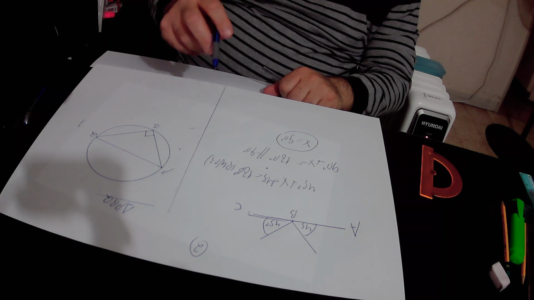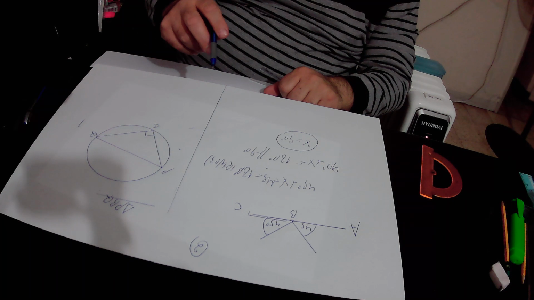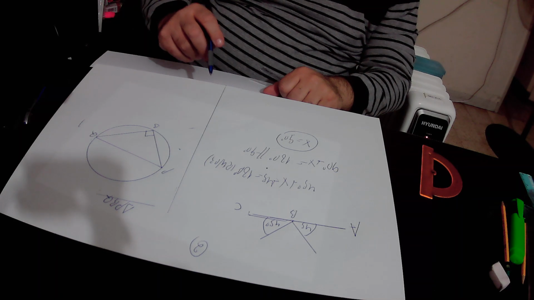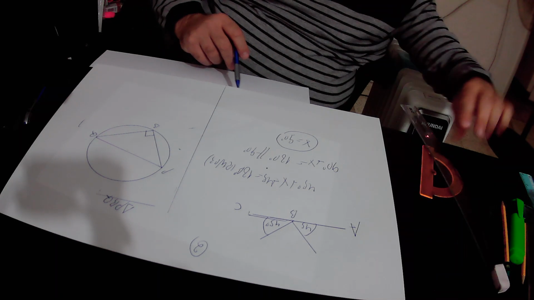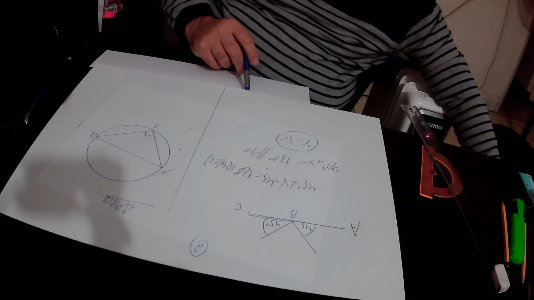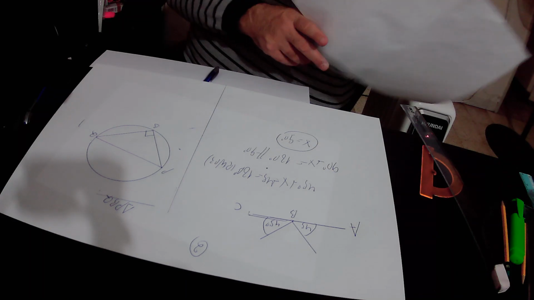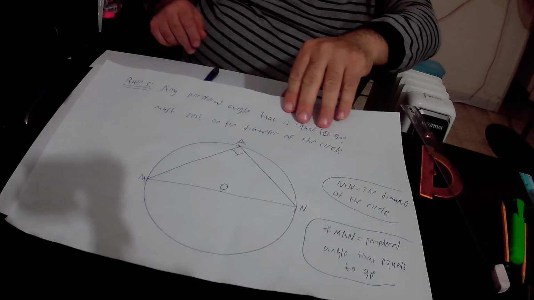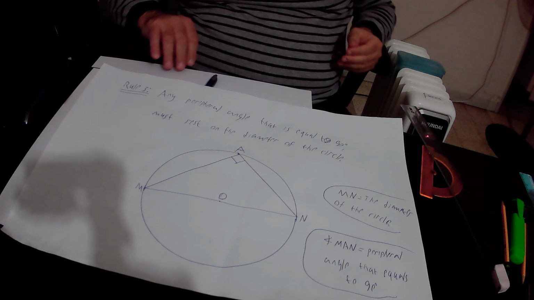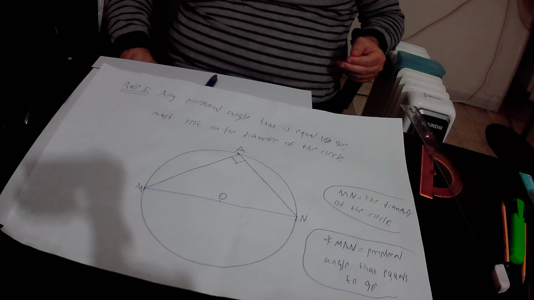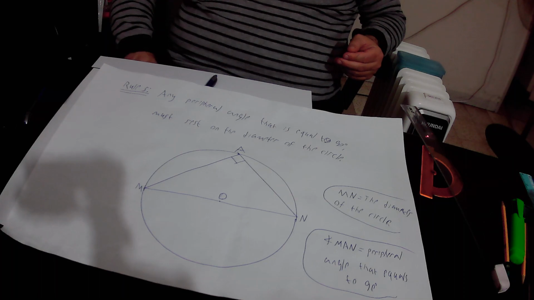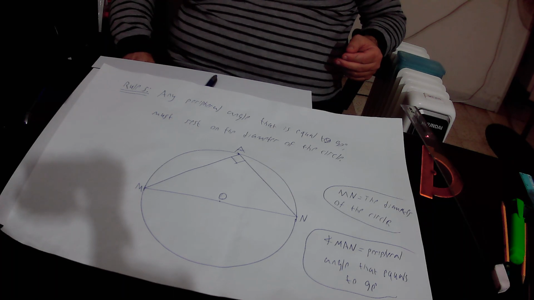And you have rule number 5 that relates to any peripheral angle that equals 90 degrees. According to rule number 5, any peripheral angle that equals 90 degrees must rest on the diameter of the circle.